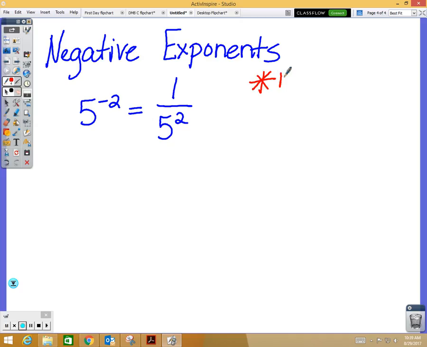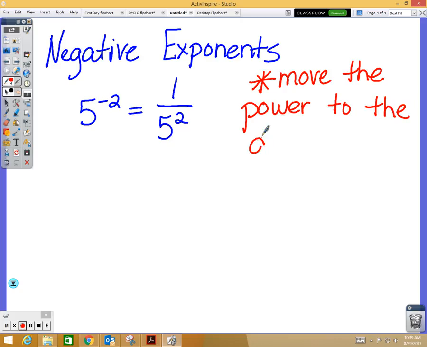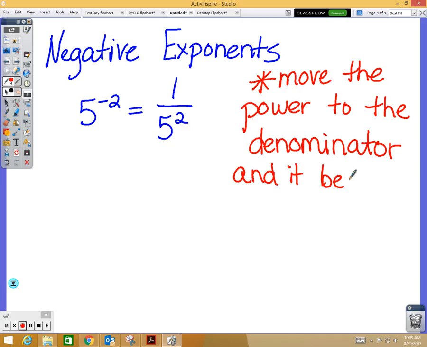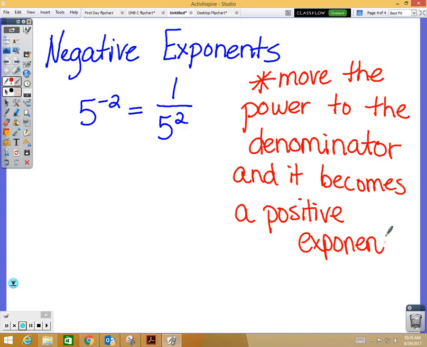Move the power to the denominator, and then it becomes positive. Move the power to the denominator, and it becomes a positive exponent.